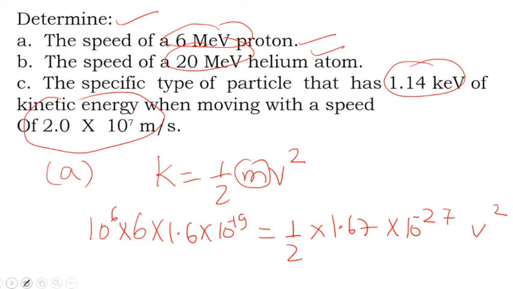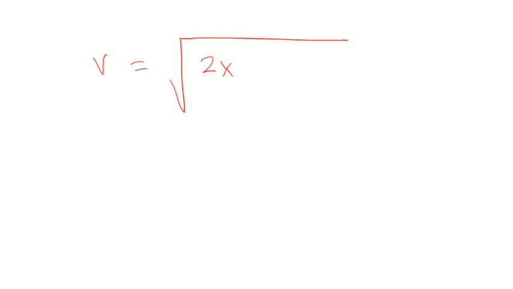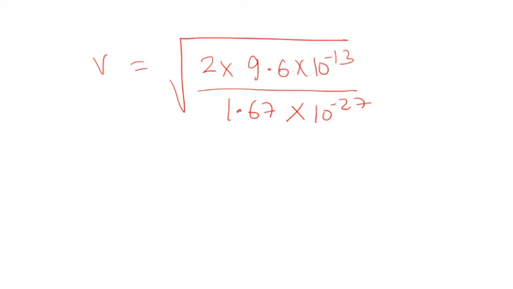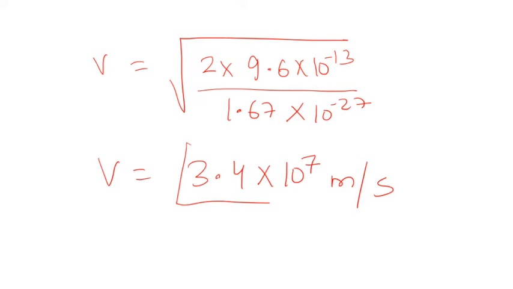So you can write v as the square root of 2 into this: 6 into 1.6 is 9.6, and 10 to the power 6 times 10 to the power minus 19 is 10 to the power minus 13. So 2 into 9.6 into 10 to the power minus 13 divided by the mass of proton. When we solve, we get this as 3.4 into 10 to the power 7 meter per second. Okay, so this is how we solve the first part.